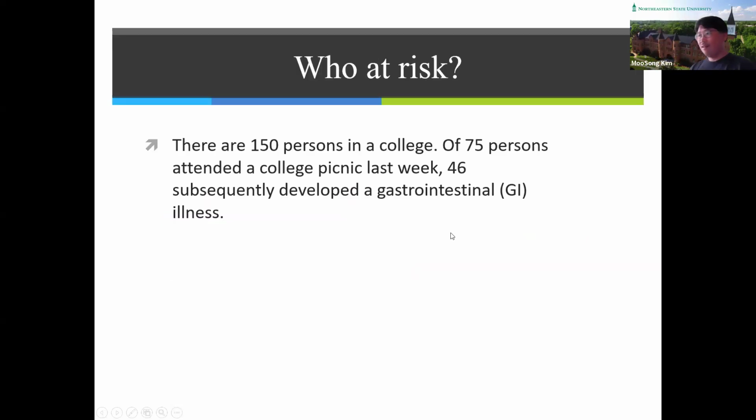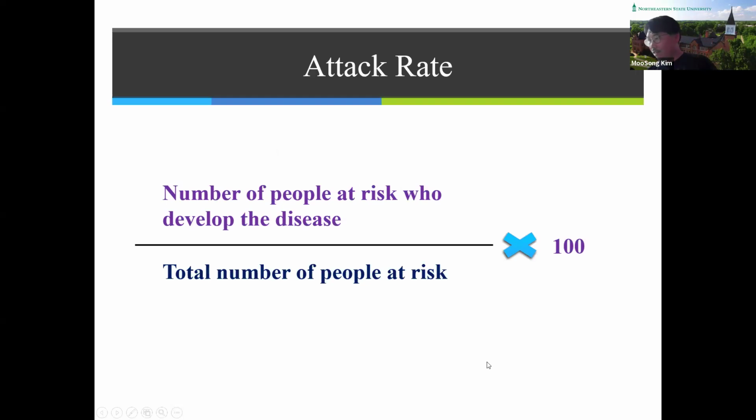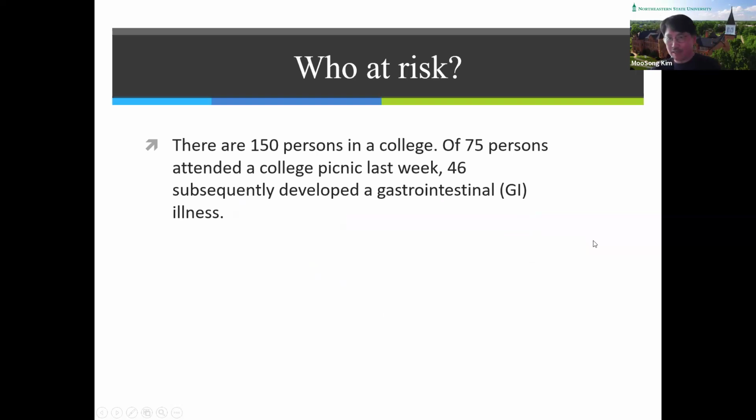We got 46 people who actually became ill, so the top number is 46. But we also need the total number of people at risk. In this example, who is at risk? 150 or 75? Which one?